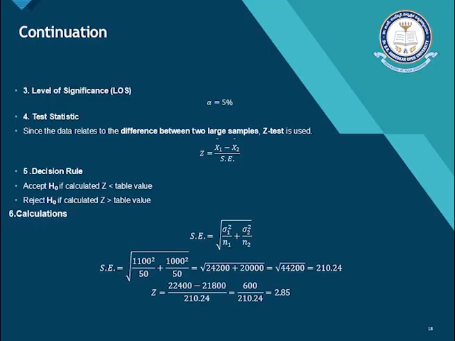Now the calculations. The standard error, since it is the difference between two large samples, is the square root of standard deviation 1 squared by n1 plus standard deviation 2 squared by n2, both variances under the root, and the calculated standard error is 210.24.